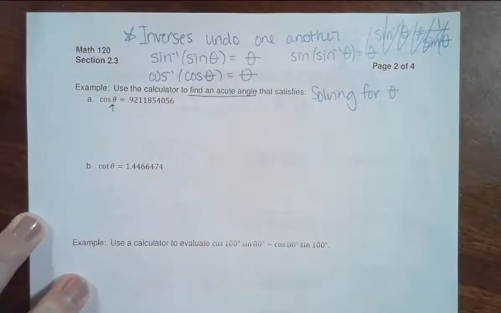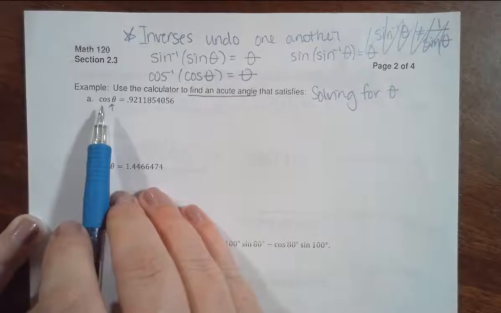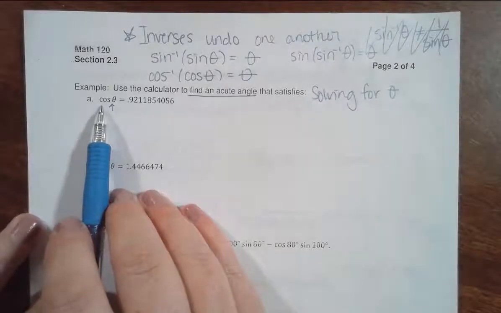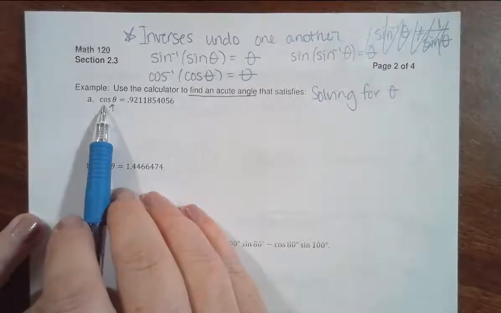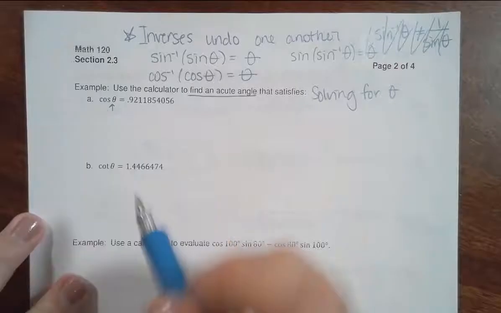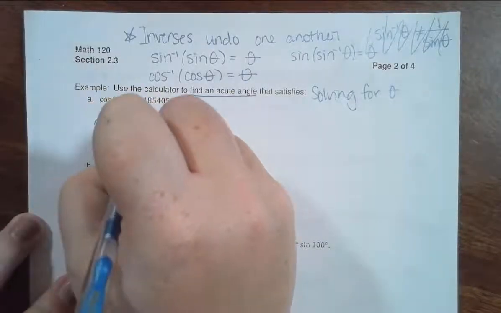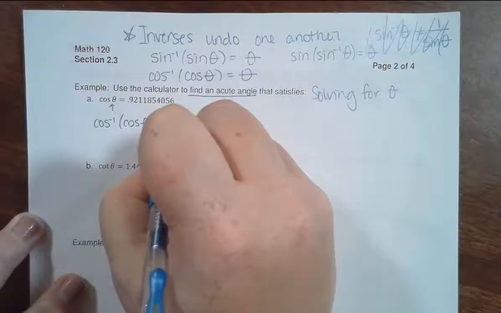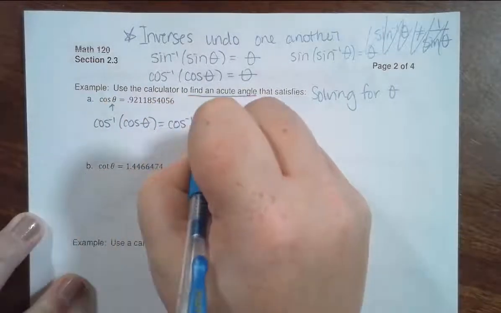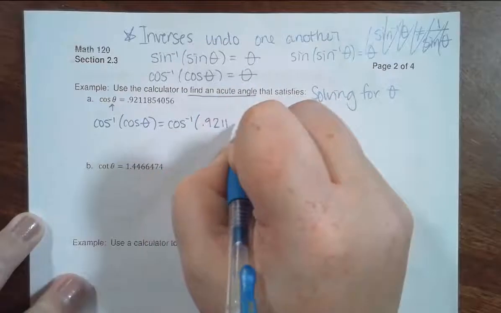And the only way I can do that is to get rid of this cosine. So the way that we get rid of cosine is we use cosine inverse. So I'm going to do cosine inverse of the left-hand side and cosine inverse of the right-hand side, right? So whatever we do on one side, we have to do on the other.